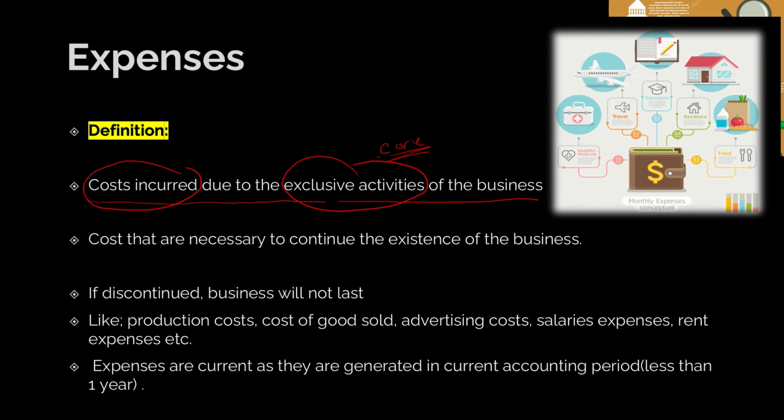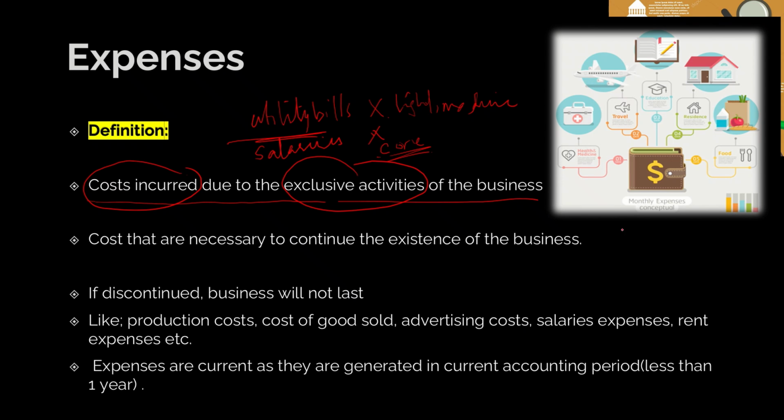For example, utility bills. If you don't pay the utility bills, your machines won't work, your light, your machinery won't work. For example, salary expense. If you won't pay the salaries, your employees will not work.